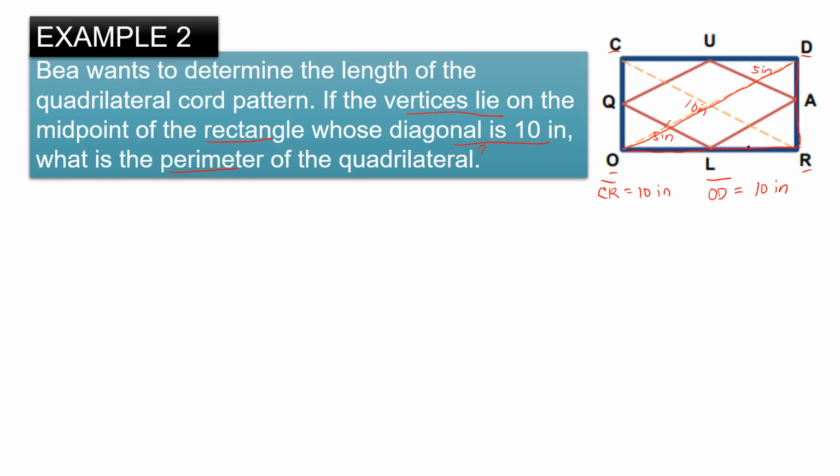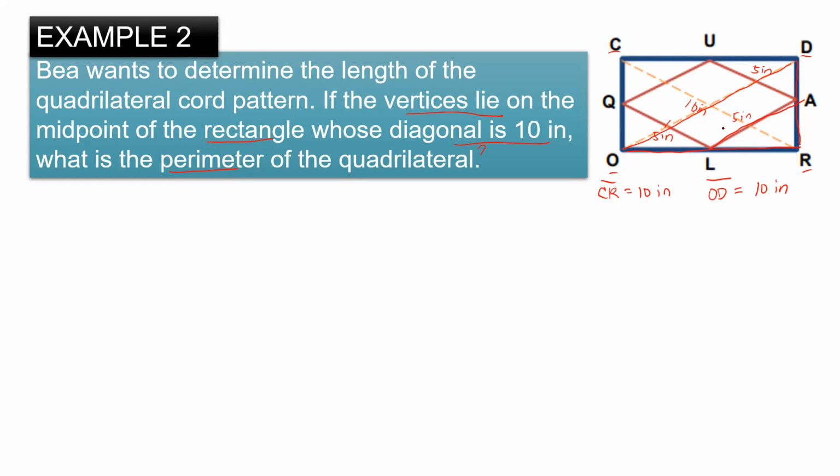Okay, so in this triangle ODR, the midline is LA. So if the measurement of this diagonal is 10 inches, meaning the measurement of its midline is equal to 5 inches. So we have AL is equal to 5 inches.